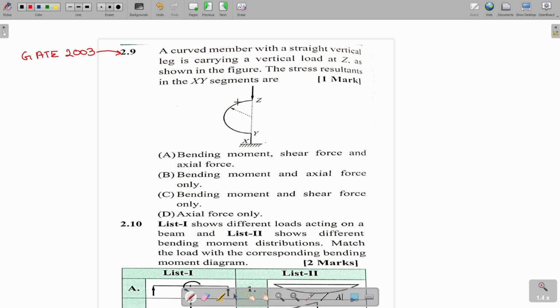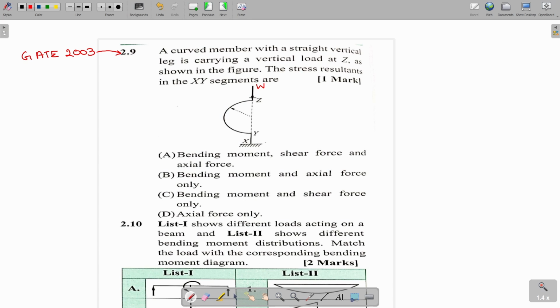Now, this is actually very easy, but let me explain here. Say this is the load W acting at this point. This is the line of action.